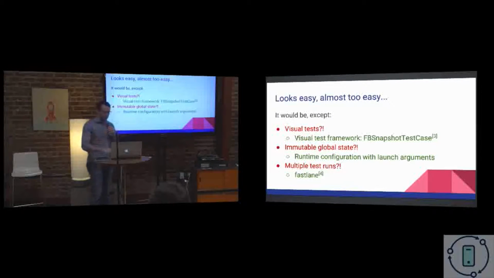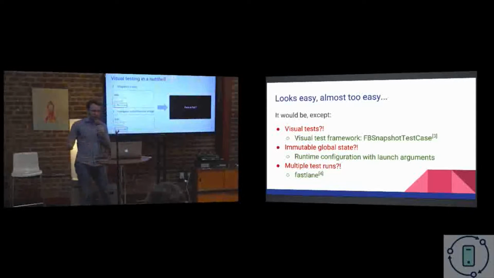So we can use this to toggle different languages and test our views in different scenarios at the unit test level. But that means we're using launch arguments. That means we need to launch the app multiple times. So this might sound a little bit daunting from an automation perspective, and this wouldn't be Mobile Delivery Days if I didn't do some automation. So I'm going to show you how to automate the test runs with Fastlane.